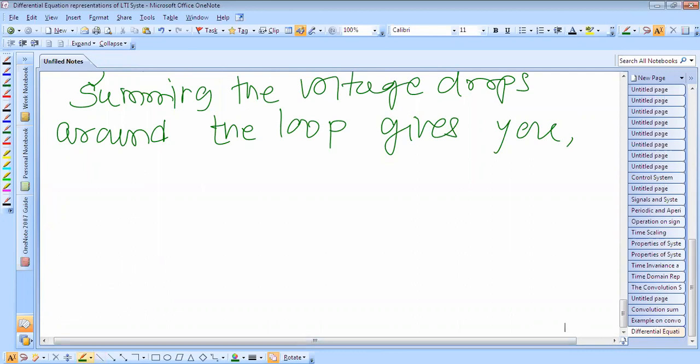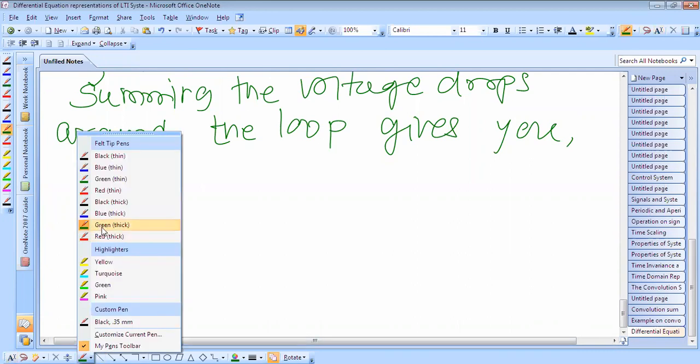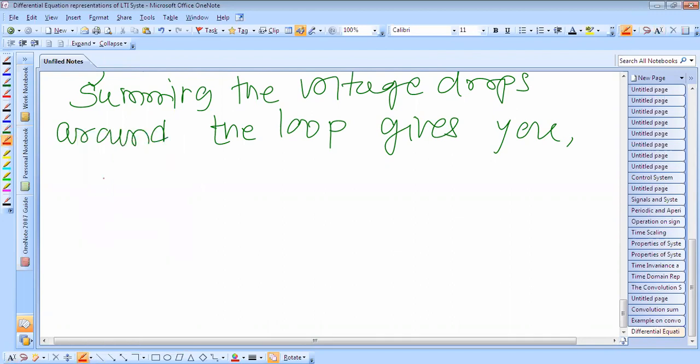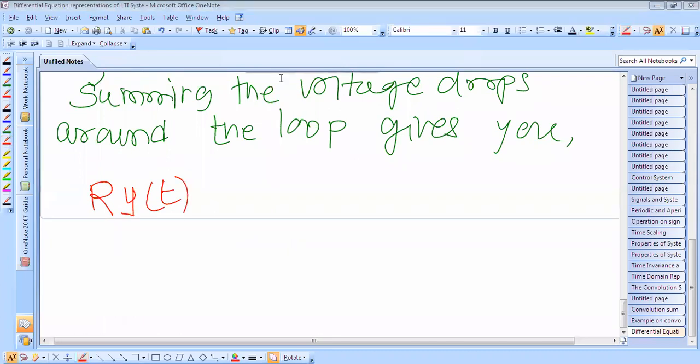So we'll see one by one. What is the voltage drop across the resistor? It is the resistance times the current. Here the output is the current flowing through the loop. So this is the drop across the resistance, plus the drop across the inductance.